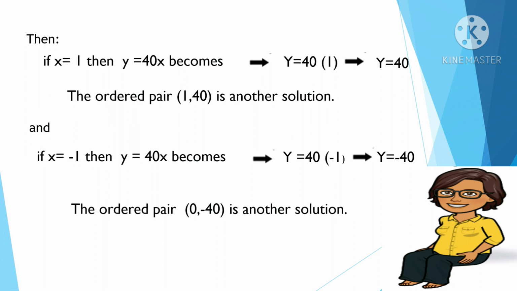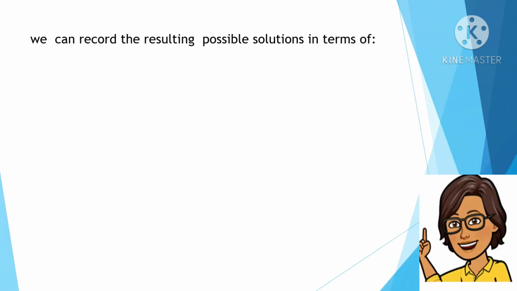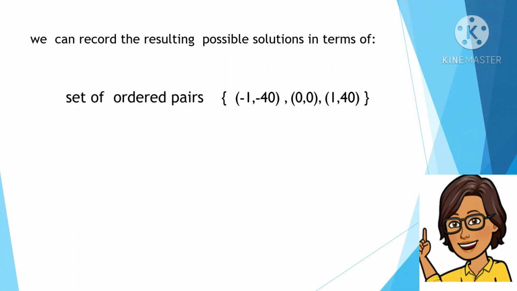Thus, the ordered pair negative 1, negative 40 is another solution. We can record the resulting possible solutions in terms of set of ordered pairs. Joining all the ordered pairs together, we have negative 1, negative 40, 0, 0, and 1, 40.